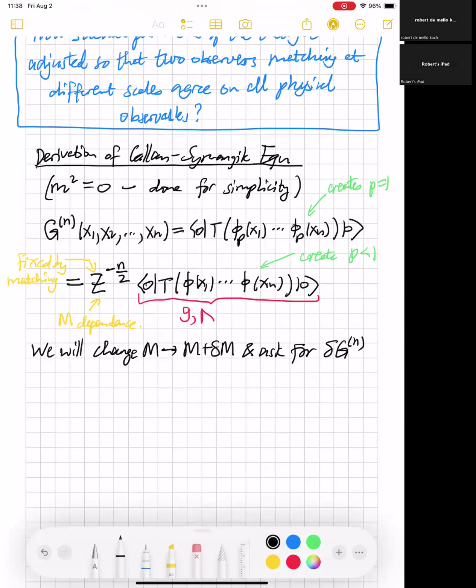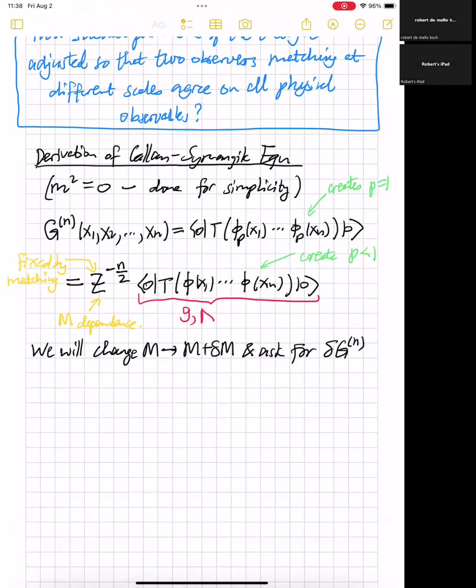So now what we would like to calculate is how the Green's function will change. If we look at that Z to the minus n over 2, it is a multiplicative factor. I take products of a whole bunch of these, one for each field. I don't want my changes to be multiplicative.